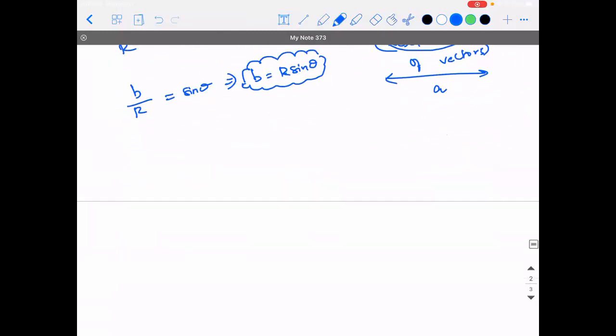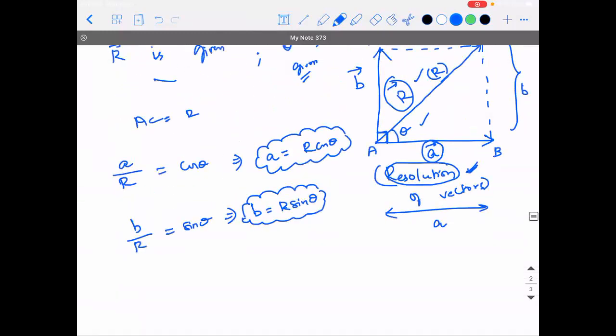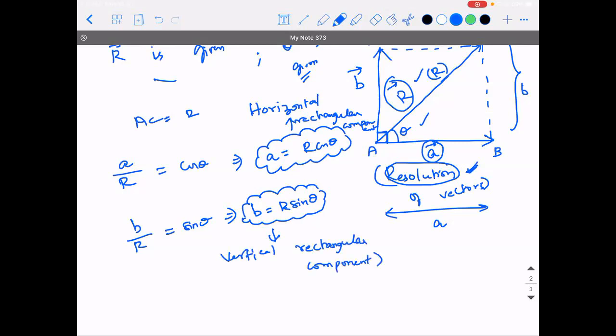Right? So this r cos theta in this context is called the horizontal rectangular component, and r sin theta is called the vertical rectangular component.